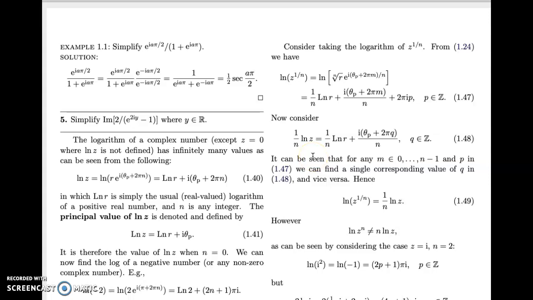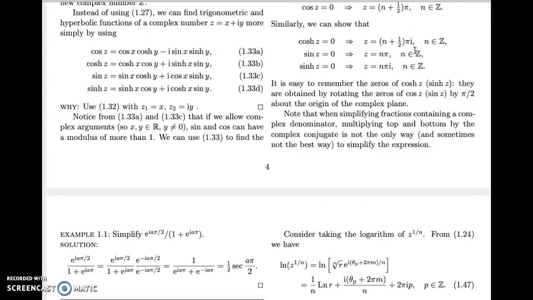So now consider taking the log of z to the 1 over n. From our definition of the fractional power of z, we'll go back to 124.